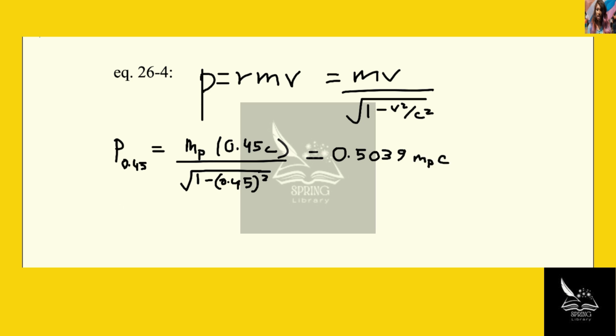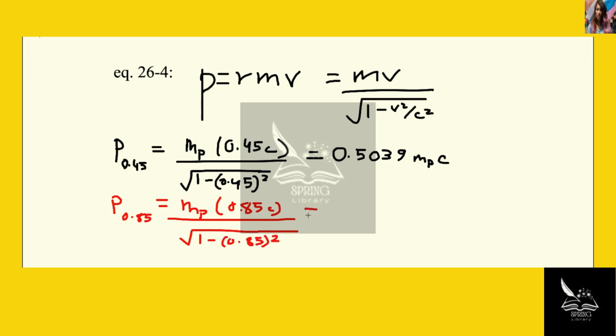Then you have your 0.85c speed. And so your velocity will change here to 0.85c. You divide that by the square root of 1 minus 0.85 squared. Again, the c's in the numerator and denominator cancel, and you get 1.6136 mpc.